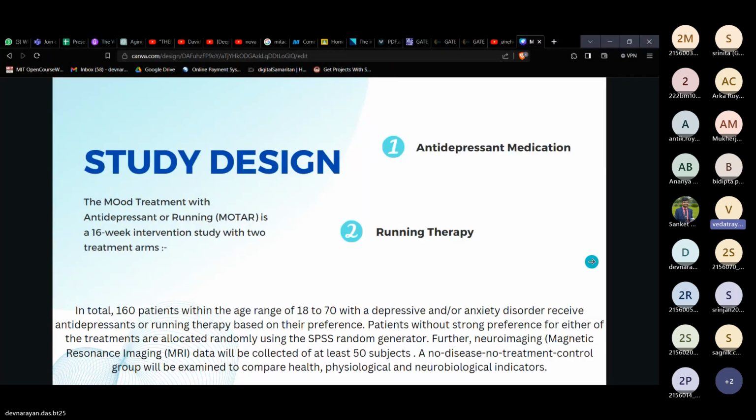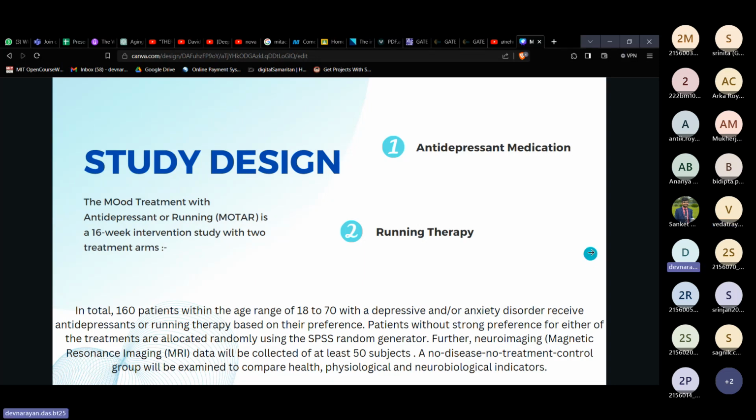No disease, no treatment control group were examined to compare health, physiological, and neurobiological indicators with healthy control. Thank you. Now, my partner would explain the rest of the presentation.